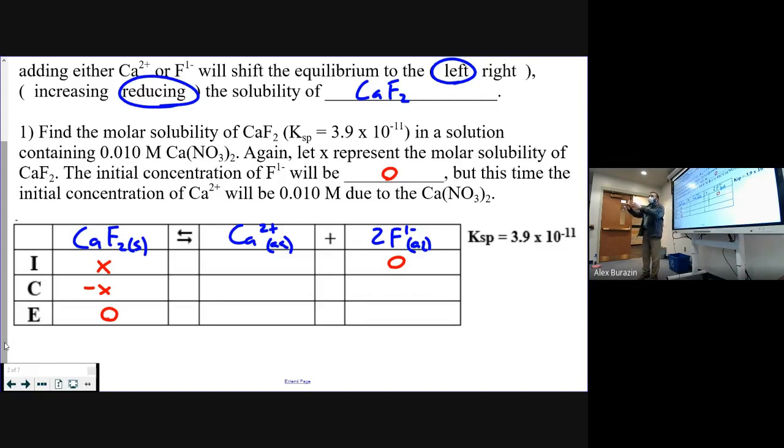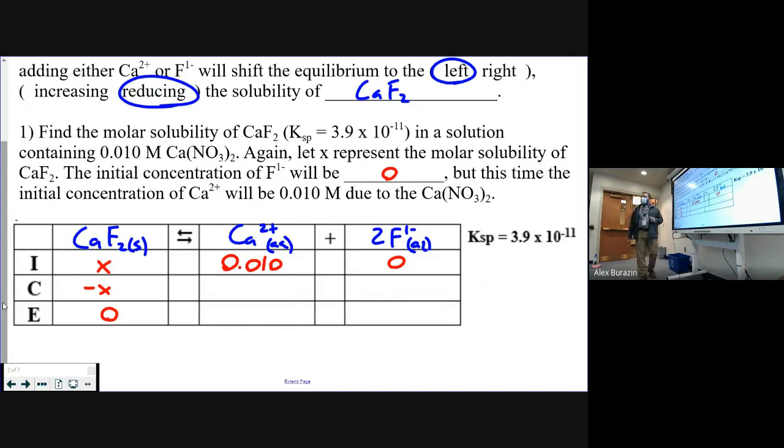So I have a 0.01 molar solution of calcium nitrate. And I'm going to take some calcium fluoride and try to dissolve that solid calcium fluoride in that same solution. So what's happening is I already have calcium in my beaker. I already have that much calcium in solution before I even try to dissolve this stuff.